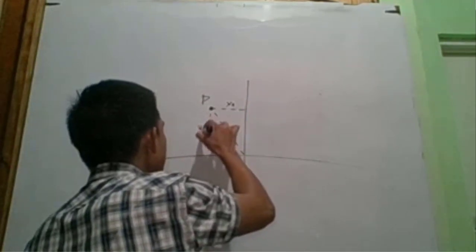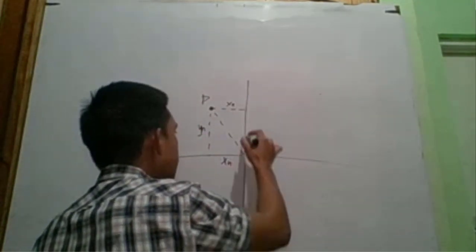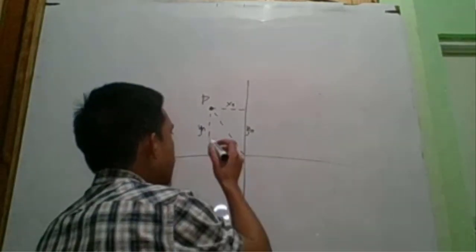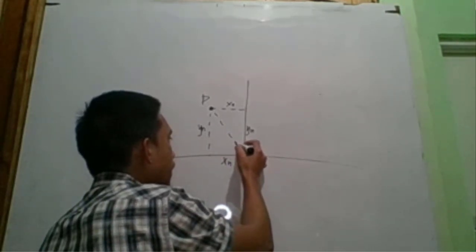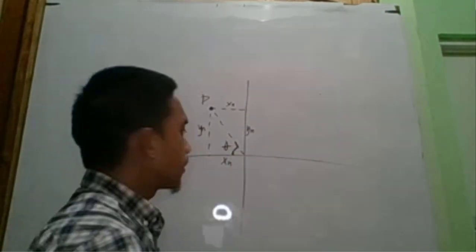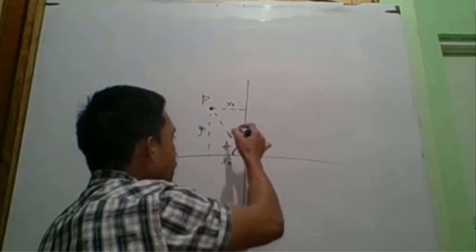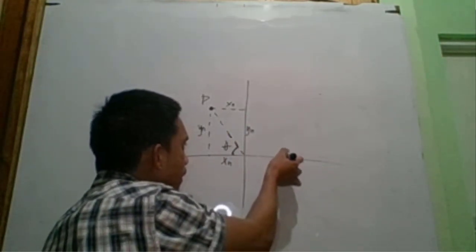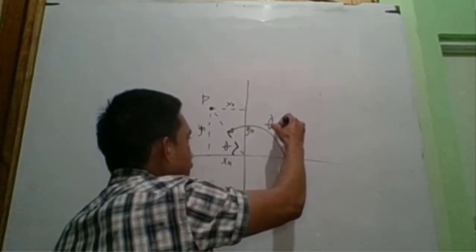This is the point. But using xn and yn, the angle from horizontal that we can get is this one, that is your theta. But the theta sub n, or the polar angle, is from the positive x-axis. So that is this angle.